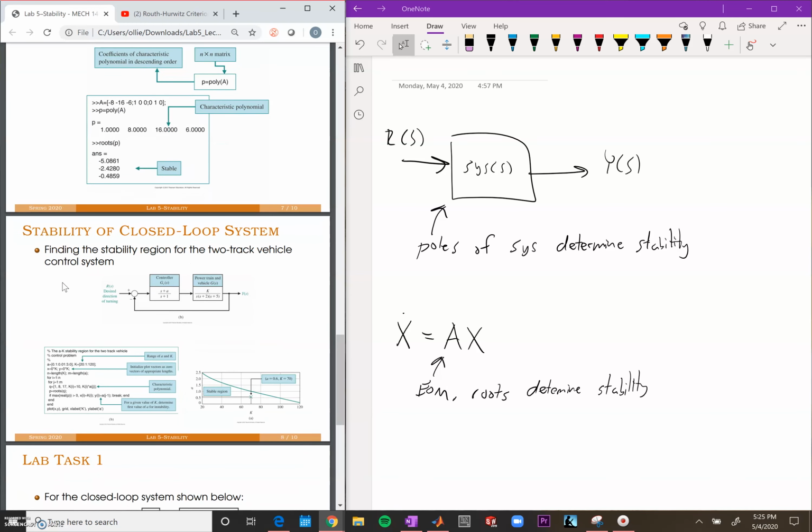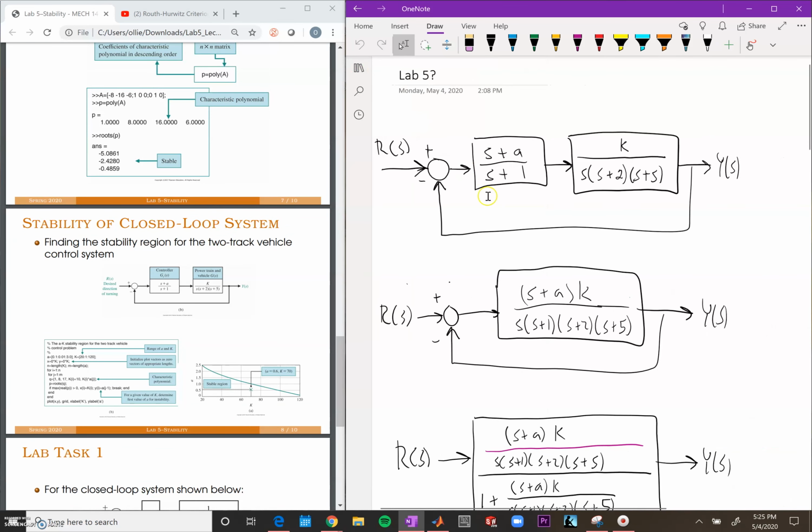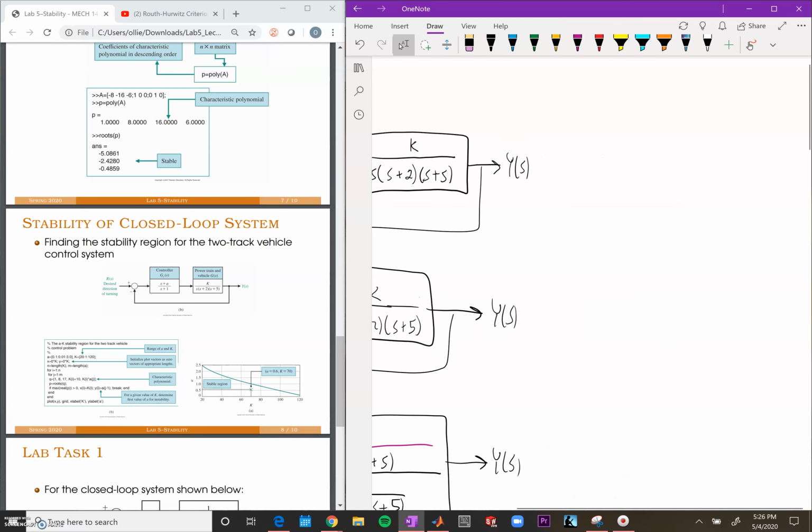Great, so let's do an example. Here we have a system, and what we want to do is figure out ranges for A and K, or regions, such that the system is stable. So if we plot K and A, basically we'll have something that looks like this, where up here it is unstable, and down here is stable.